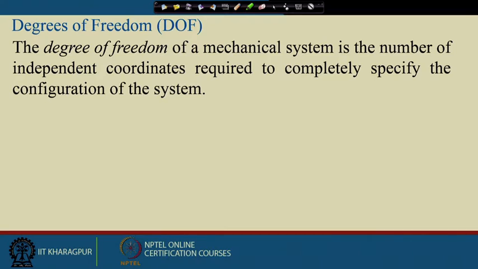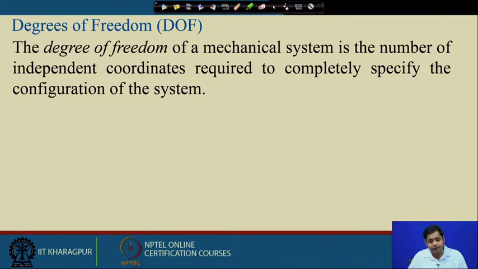So degrees of freedom is the freedom of an object to move. Now if we have to define it, the definition goes like this: the degrees of freedom of a mechanical system is the number of independent coordinates required to completely specify the configuration of the system. The definition that I gave just now and the definition written here have a common link.